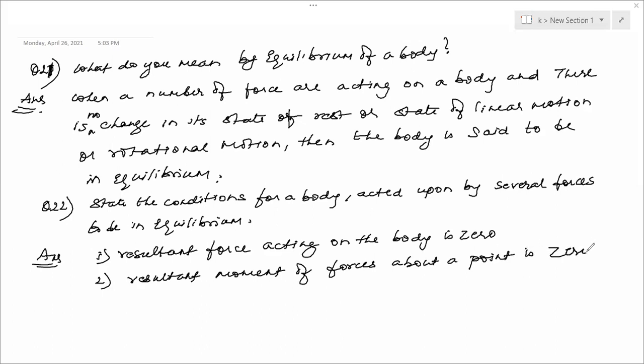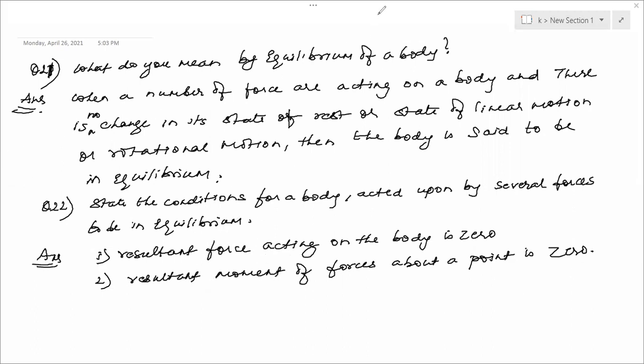So this should be the true condition. The resultant force acting on a body is 0, so because of this, either the body is in a state of rest or state of linear motion. And because of the second condition, the resultant movement of forces about the point is 0, it doesn't produce any rotational motion in the body, even though the forces are acting. So we say the body is in equilibrium. So these are the two conditions.